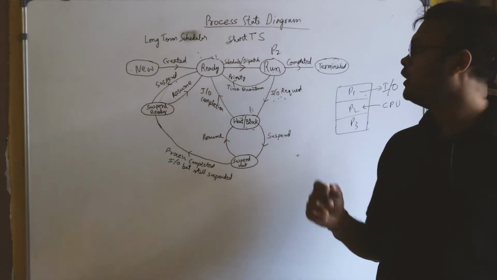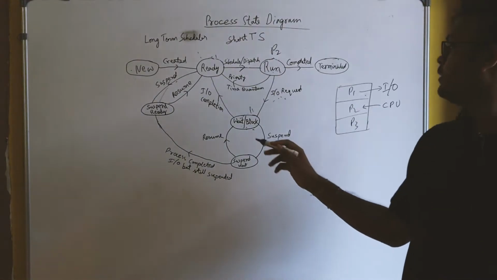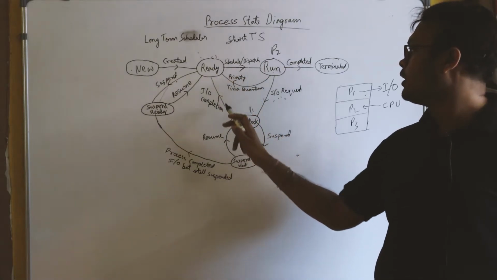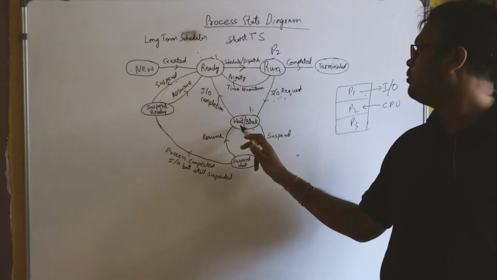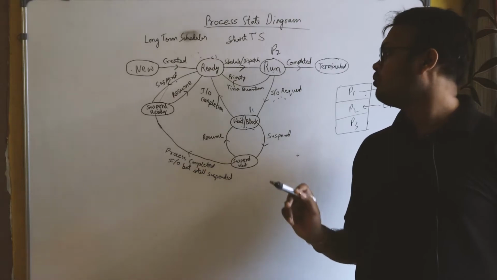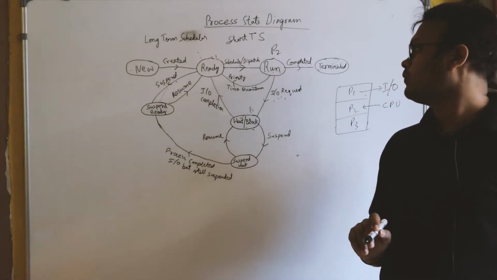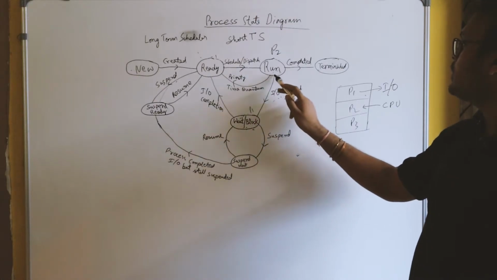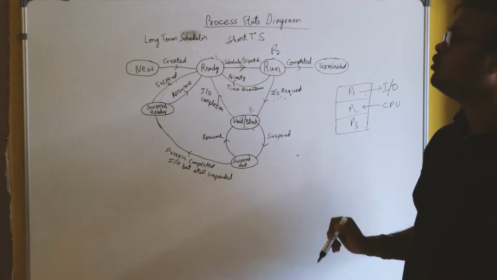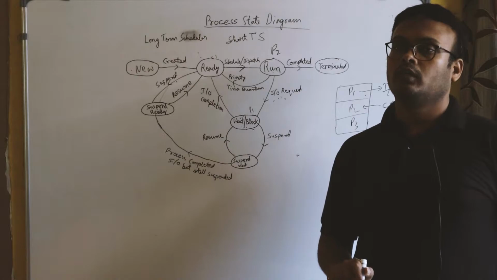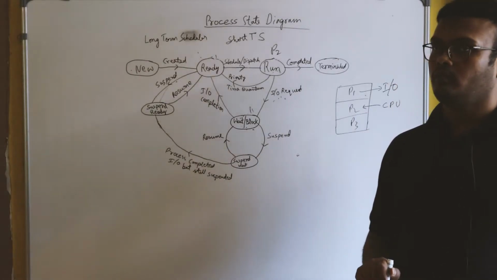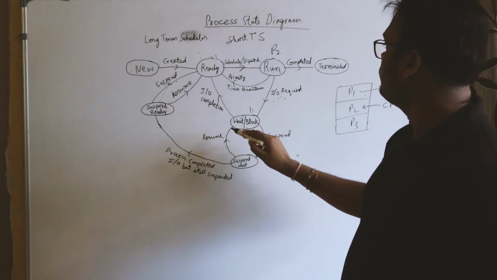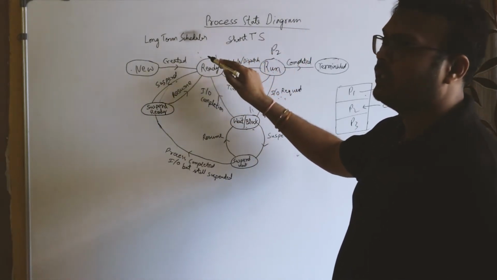Now P1 wants to continue. Then P1 will move from wait block state to ready state after the completion of the I/O. Why will P1 not move from wait block to run state? Because in run state P2 is already there. So now P1 has made a transition from wait block state to ready state.